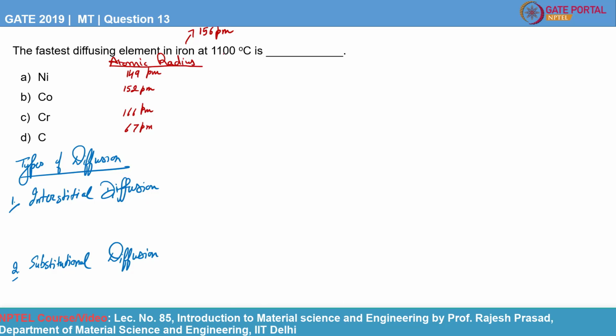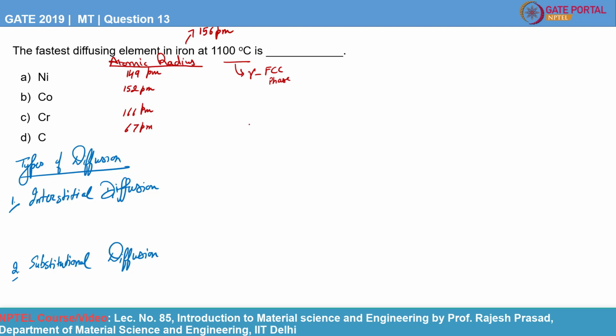Also, we must understand the crystal structure of iron at 1100 degrees Celsius. At 1100 degrees Celsius, iron is stable as gamma iron, the FCC phase, also known as austenite. Now, how does the phase influence the diffusion mechanism and the rate of diffusion?